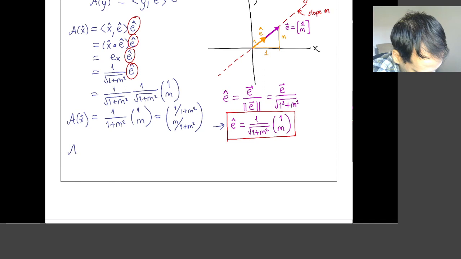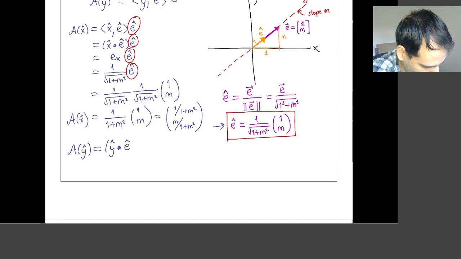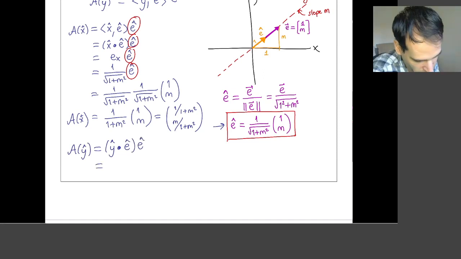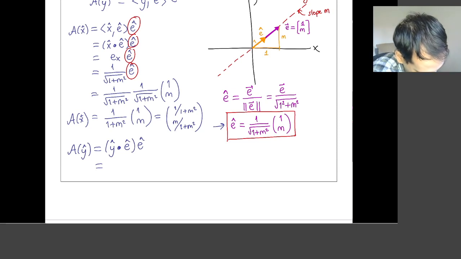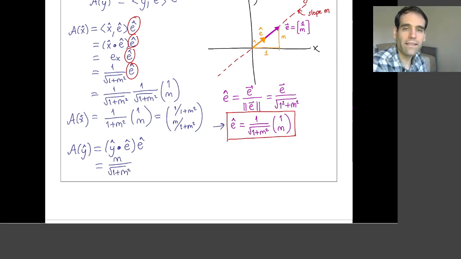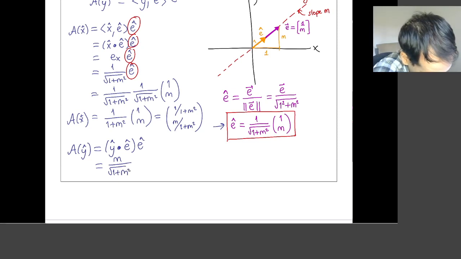I don't have much space, so I will do it much shorter. This is equal to y dot E hat in the direction E hat. It's going to be a very similar procedure. We get m divided by the square root of 1 plus m squared, that's y hat dot E hat, times E hat, which is 1 over the square root of 1 plus m squared times (1, m).